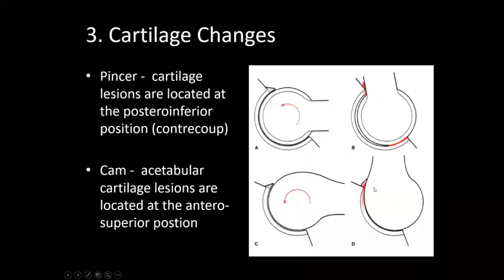But in patients with cam impingement, the contact between the bony bump and the cartilage happens anterosuperiorly. So when we look at the MRI scan of patients with pincer type of femoroacetabular impingement, we look at the cartilage posterior-inferiorly, but in patients with cam type, we look at the cartilage changes anterosuperiorly.